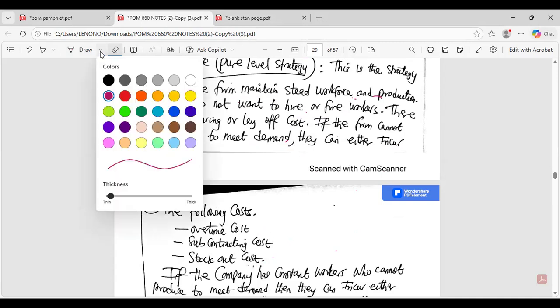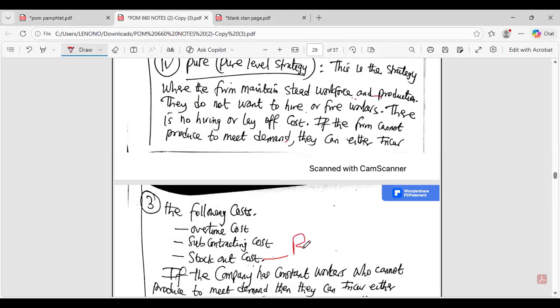What's the other term for stock out cost? Back order cost. Back order cost is the same as the stock out cost.